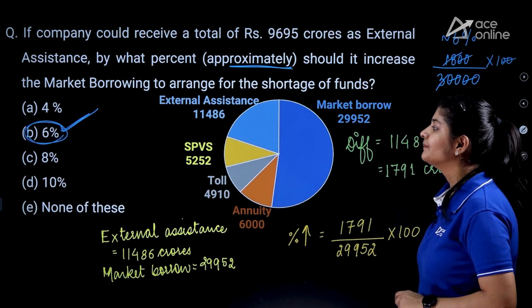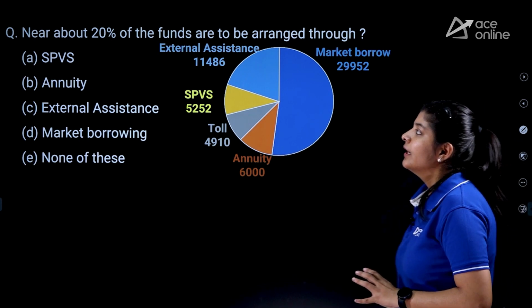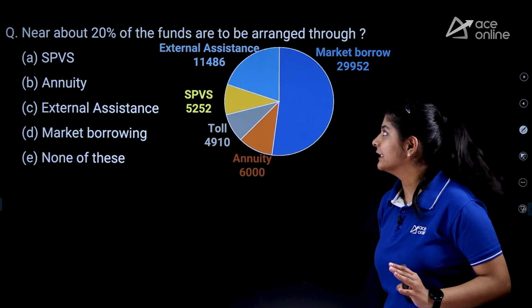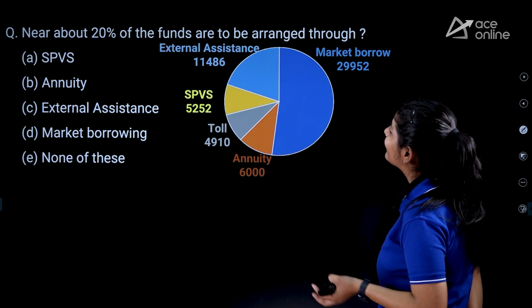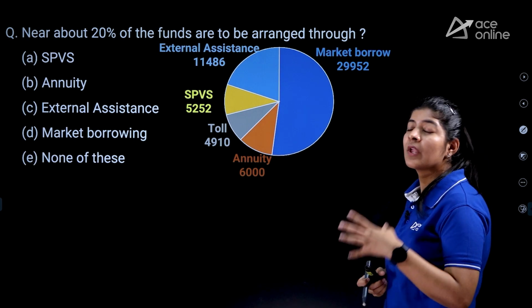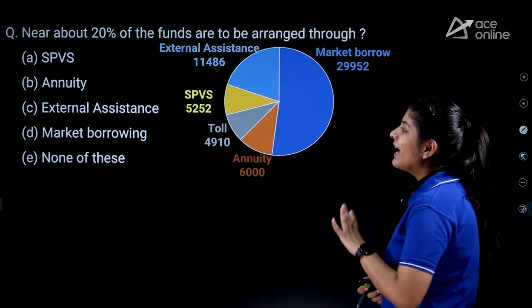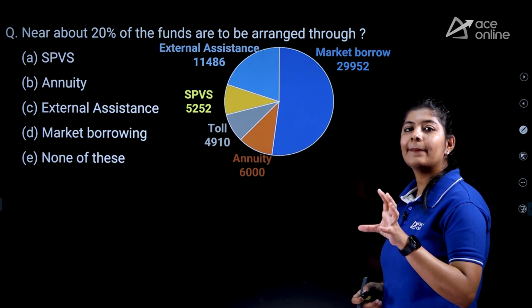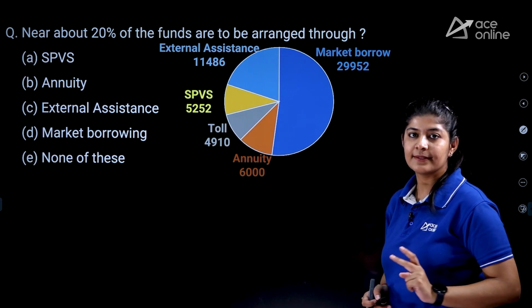Okay, the next one. Near about 20% of the funds are to be arranged through... Here we have 5 options, and we have to determine by which option we are getting almost equal to or near about 20% of funds.